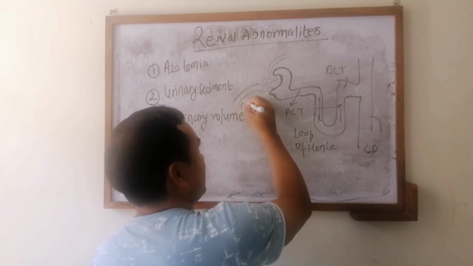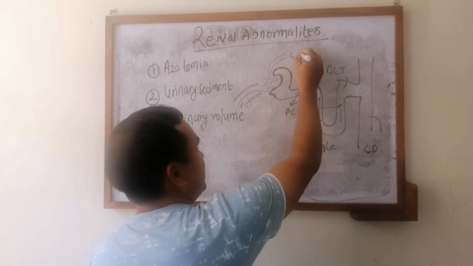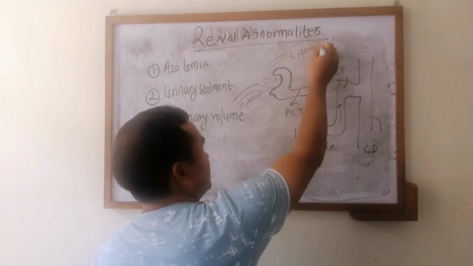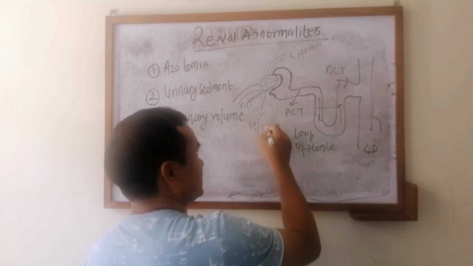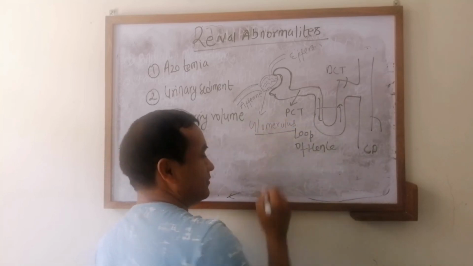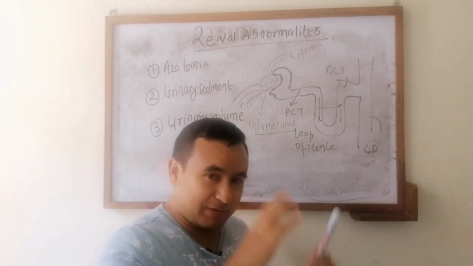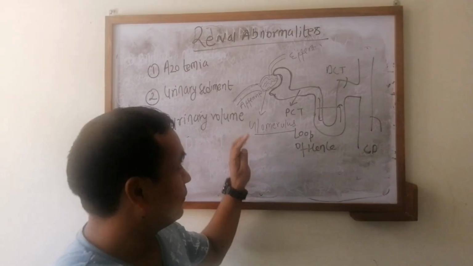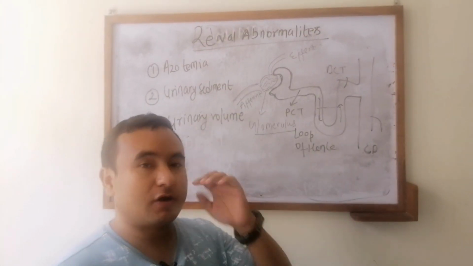This one is the afferent arteriole, and this one is the efferent arteriole, and this network of capillaries is called the glomerulus. It is the tuft of capillaries. So this is the basic anatomy of the nephron. The whole structure is called the nephron.